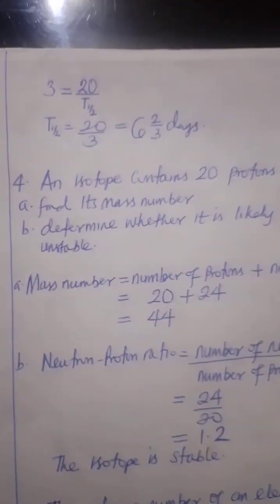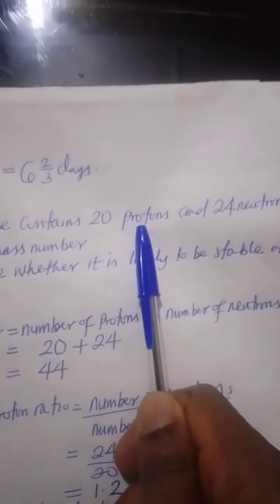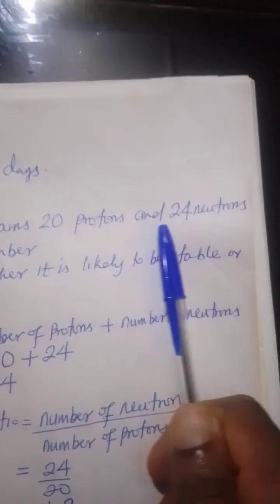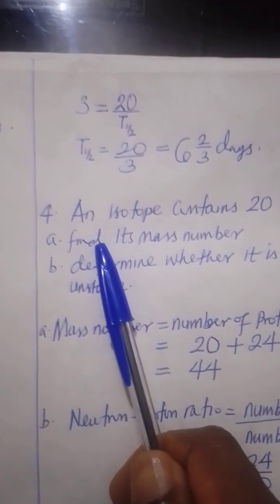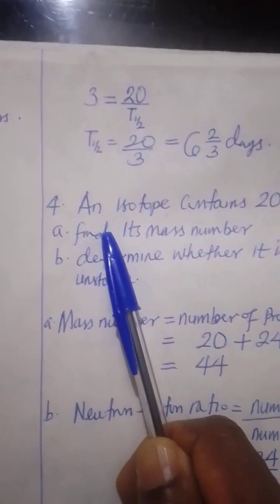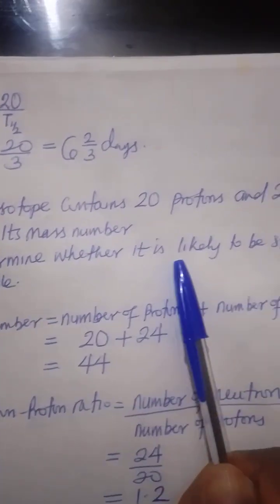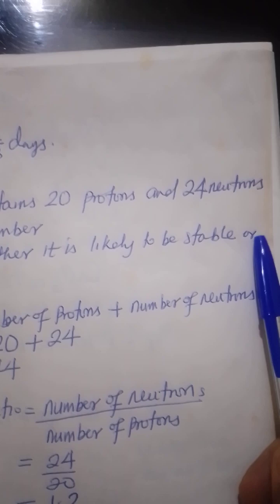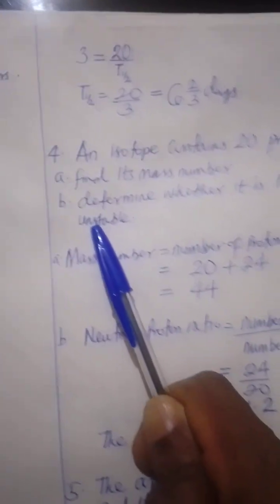Question number 4. An isotope contains 20 protons and 24 neutrons. Find, that's A now, its mass number. B, determine whether it is likely to be stable or unstable.